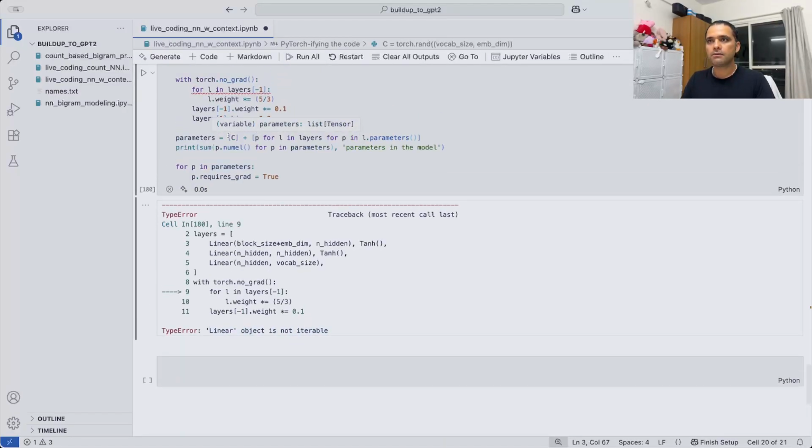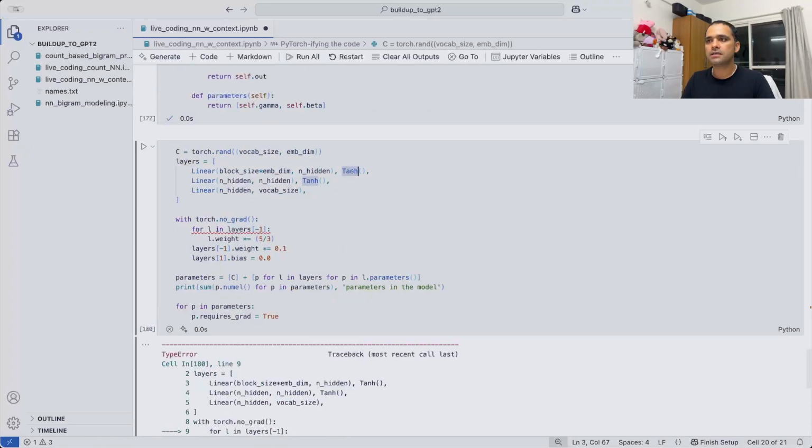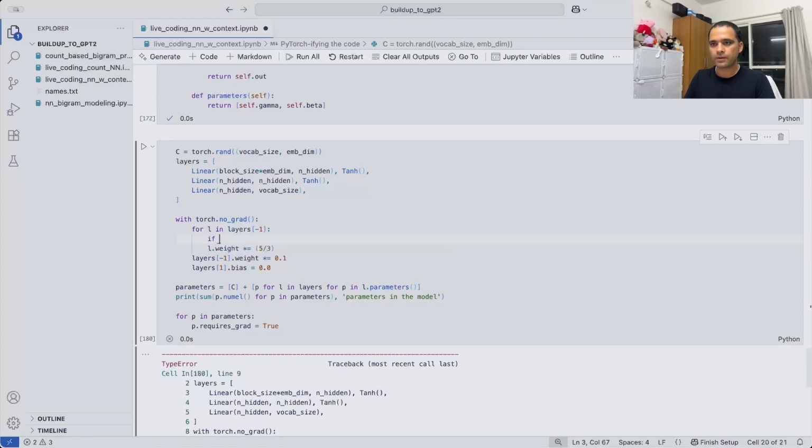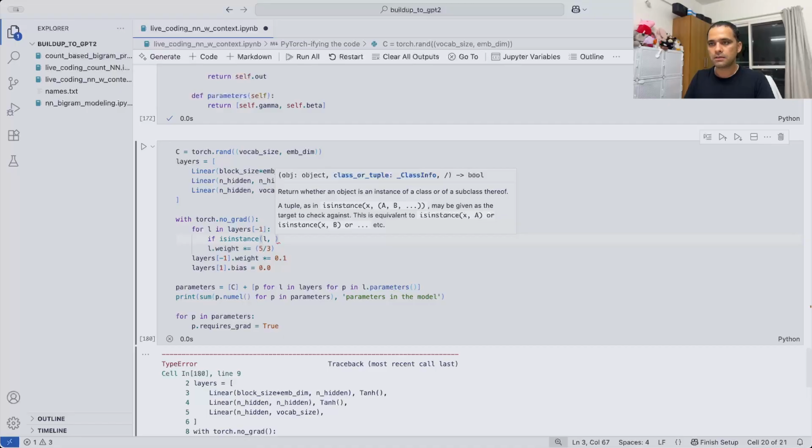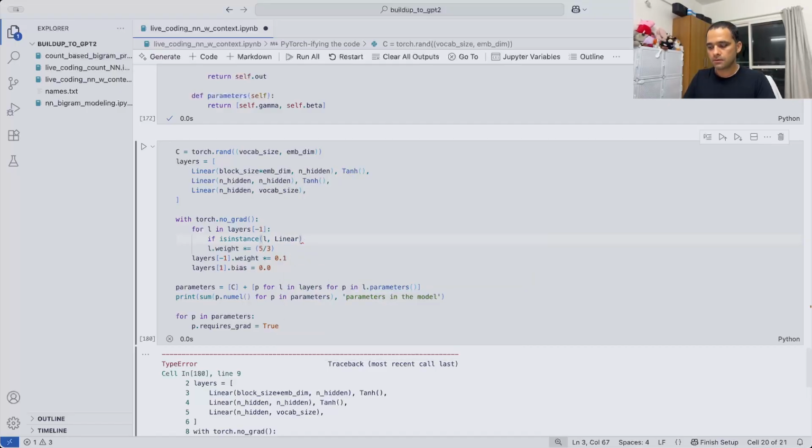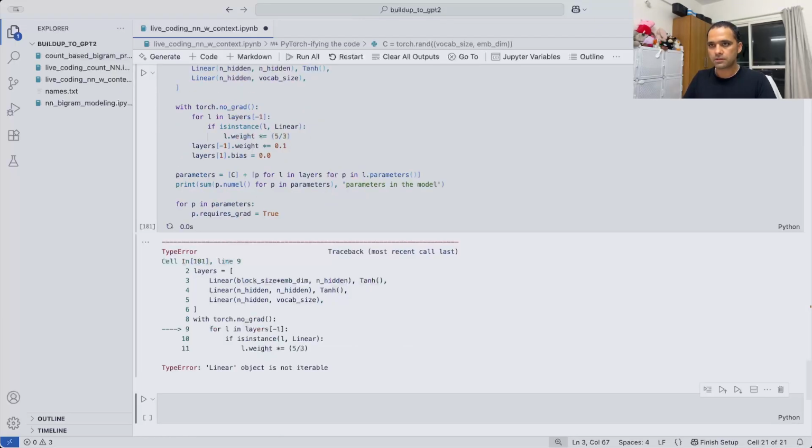Basically, when we are iterating through all the layers, because tanh layers don't have weight parameters, I'll have to say here, if L is an instance of Linear, only then let's do this.